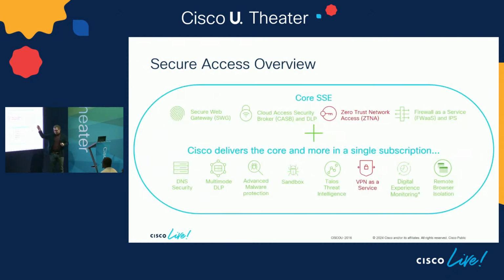So these are Secure Access features, and by now we should be familiar with these features colored green. These are actually Umbrella security services that have been adopted by Cisco Secure Access. But what is new for us on this slide when it comes to the Secure Access product is this ZTNA and VPN as a service.